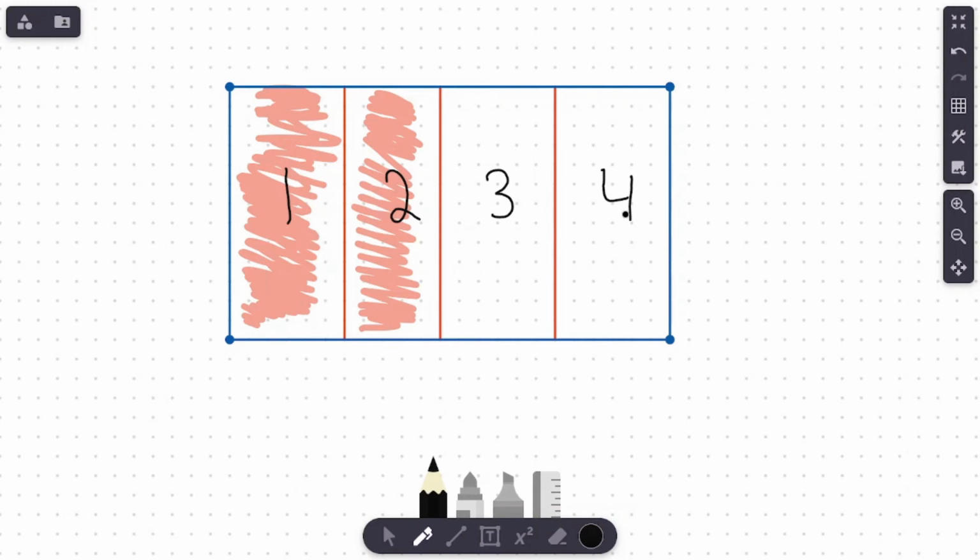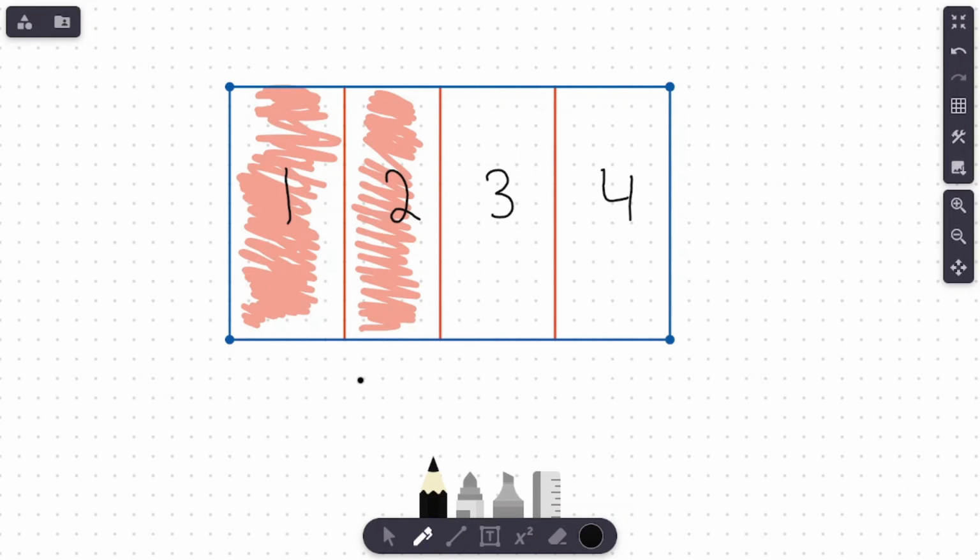Now, how many of those sections did I color in? How many do you see? 2. I colored in this one, and I colored in this one. So I colored in 2 of the 4.